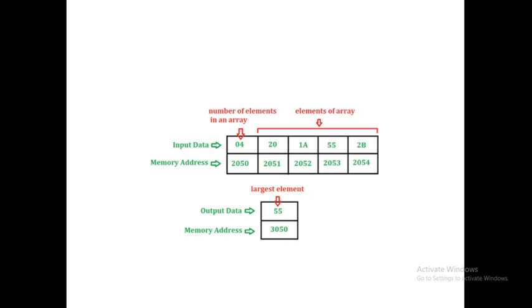Among these we keep the largest number, and then again take another number, 2053, 55. Between these, whichever is greater, we keep in our storage location, and so on.